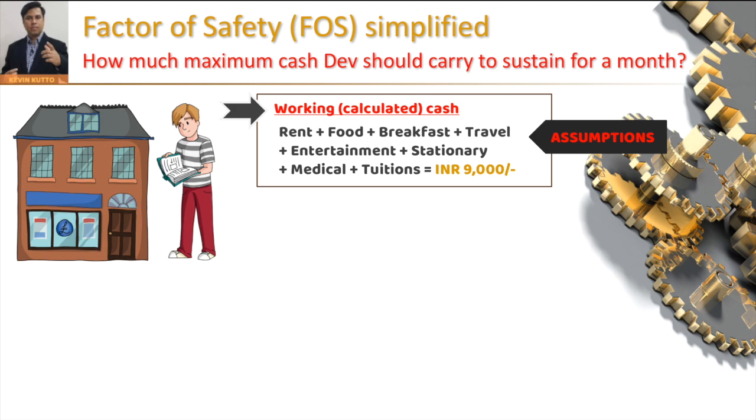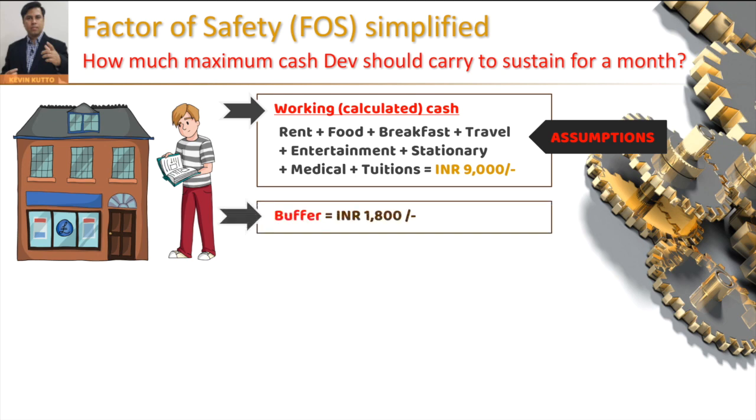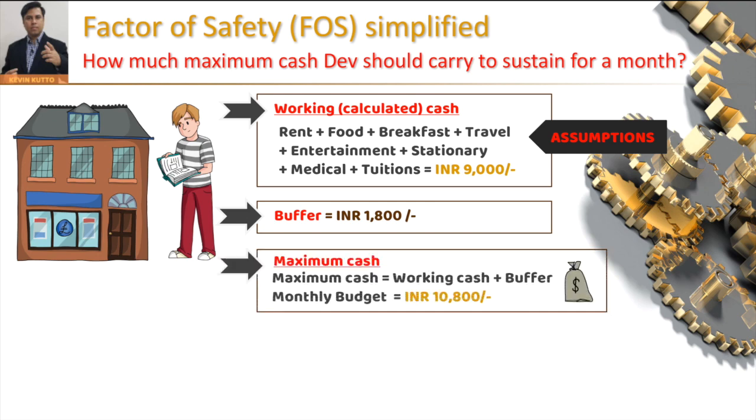Now, if I ask you whether he will carry the same amount of money which he got from the calculation, any person with common sense can tell no, right? He will definitely carry some buffer. So Dev is carrying a buffer of 1,800, and that's how, by adding to his working cash, which he got from calculation with certain assumptions, a buffer, he will get the maximum cash, right?